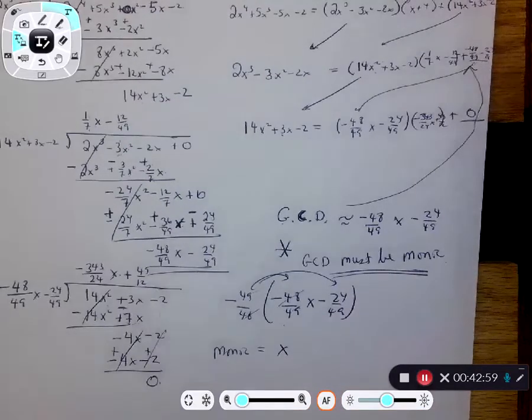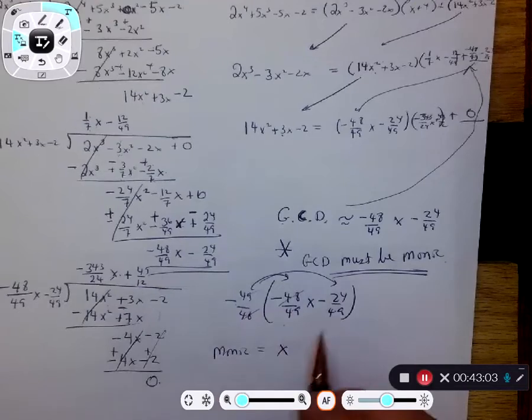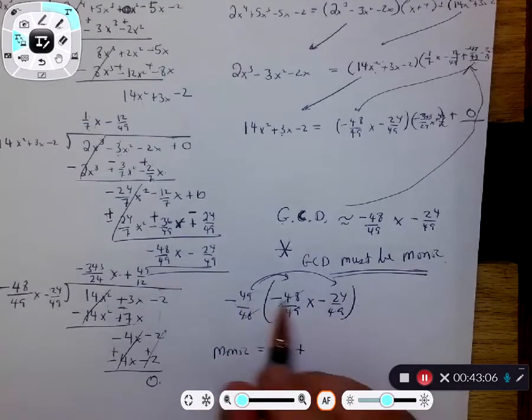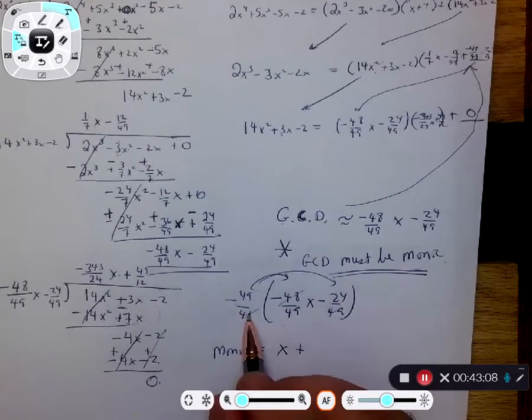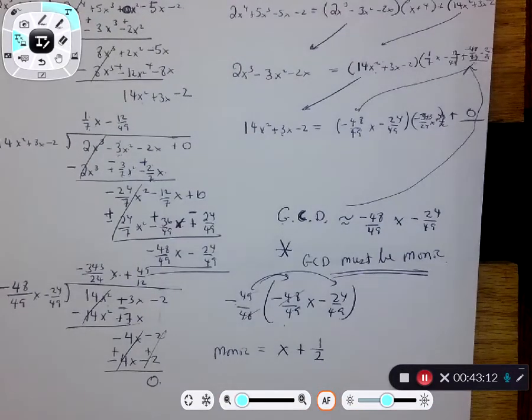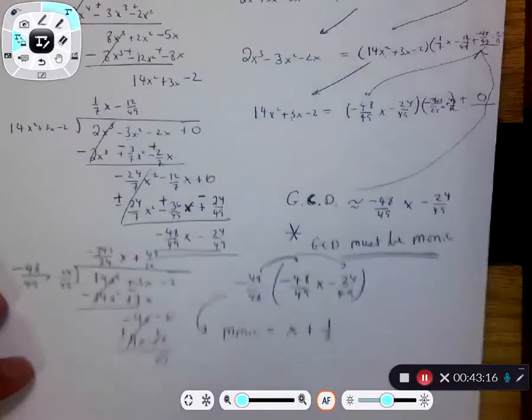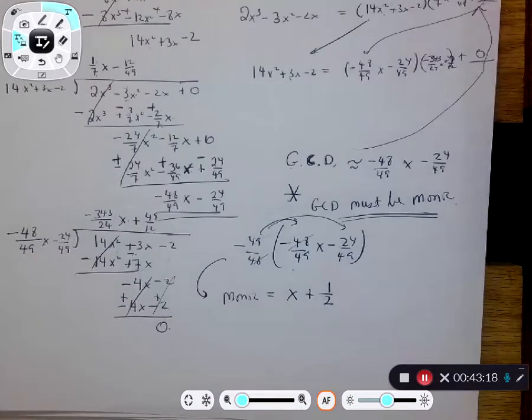That was kind of the purpose. Now over here, the negative times negative ends up being positive. Here the 48's cancel, but the 24 goes into 48 a half time, 2 on the bottom, if you will. So there's my equivalent associate to the remainder I got with the division algorithm, but to make it monic, that makes the GCD x plus 1/2.